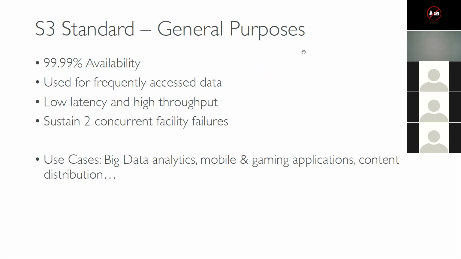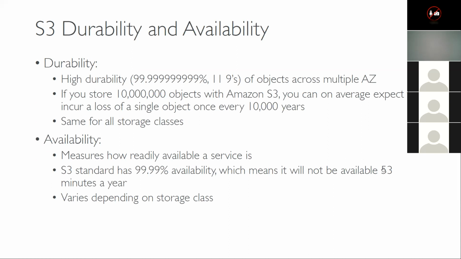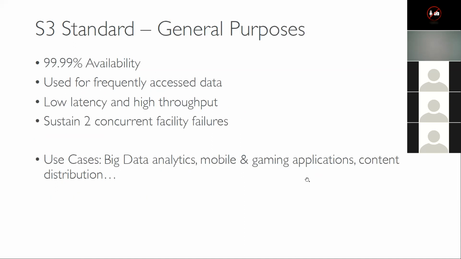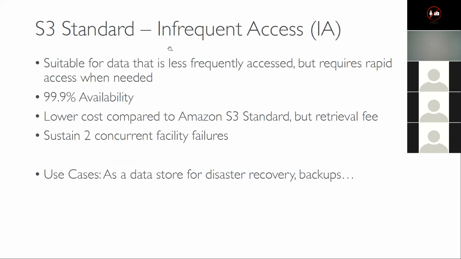Anybody? If you avail general purpose with 99.99% availability, how many minutes can it be down? Someone answered 53 minutes. Correct, that's 53 minutes. So now we know who will pass the exam.